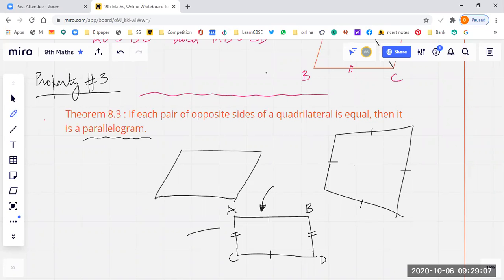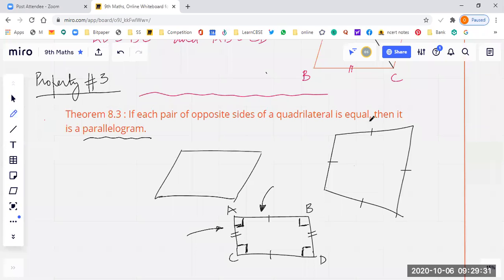Why? Because in a rectangle, in addition to each pair of opposite sides being equal, it is also important that each interior angle of the rectangle should be 90 degrees. That is not specified here.